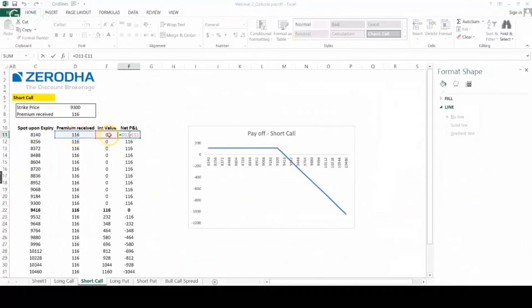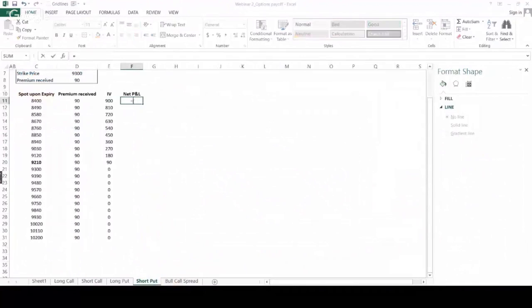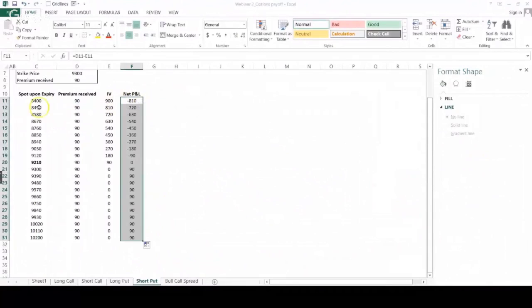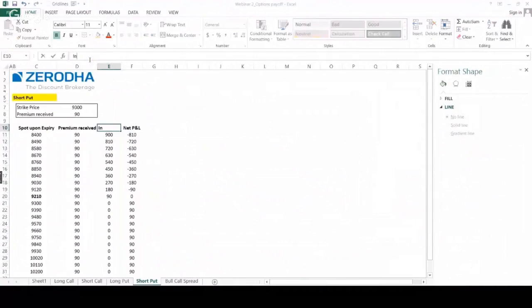You're deducting the intrinsic value from the premium received. Likewise, here we will deduct the intrinsic value from the premium received, right? So let's do this. Also, let me call this the intrinsic value.